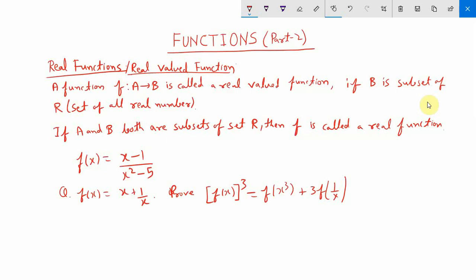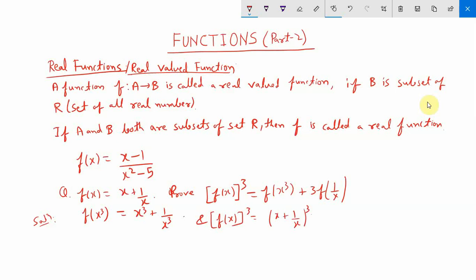We will first find f(x cube). f(x) is given, so f(x cube) equal to x cube plus 1 by x cube. Okay, and what will be (f(x)) whole cube? (f(x)) whole cube equal to (x plus 1 by x) whole cube.